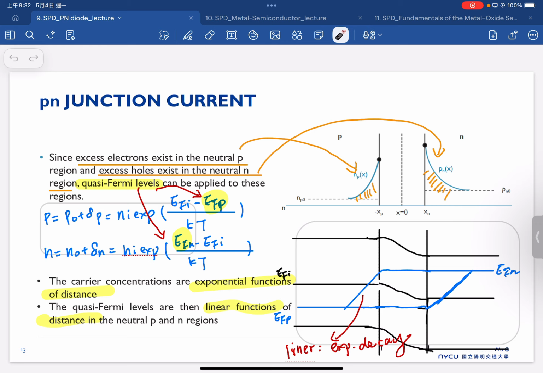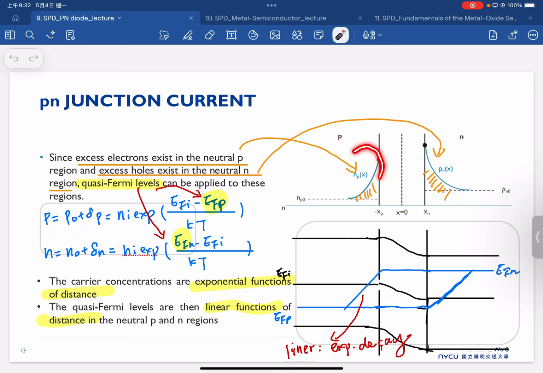Last time we already mentioned that since excess electrons exist in the neutral p region and excess holes exist in the n region, we have to consider the concept of the quasi-Fermi level, and therefore we have this formula.